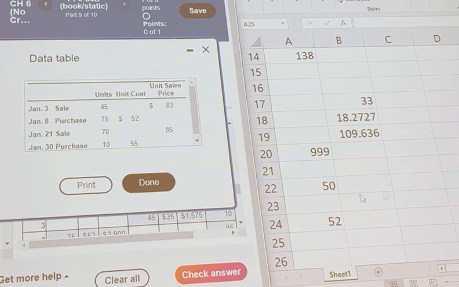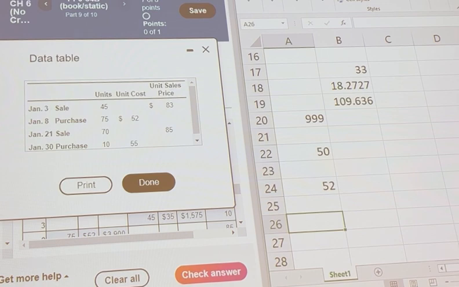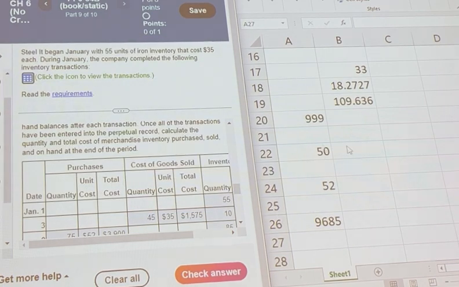So we sold 45 units at $83 each, and we sold 70 units at $85 each. So that's total sales revenue of $9,685.